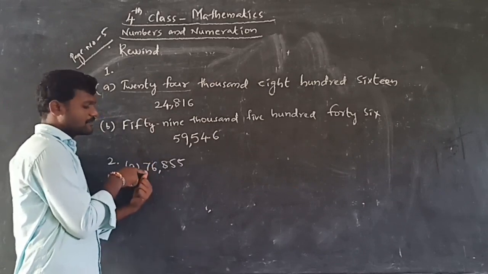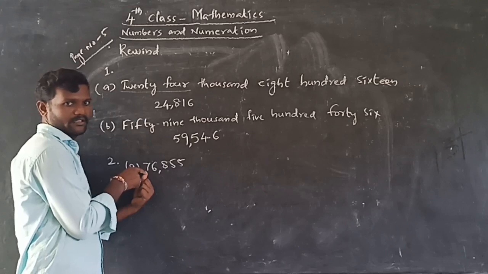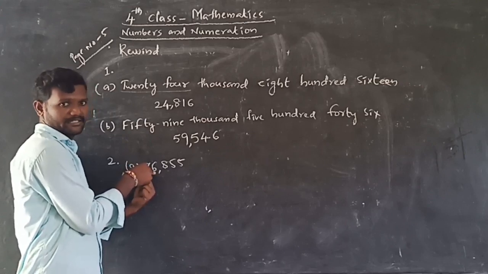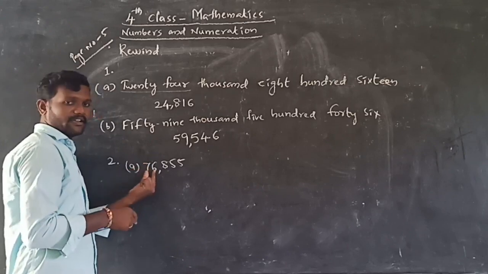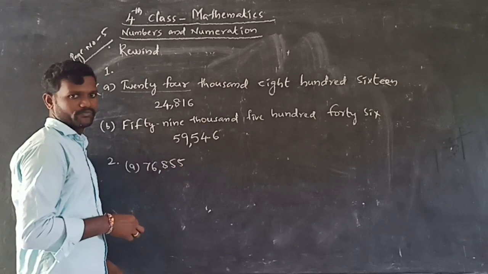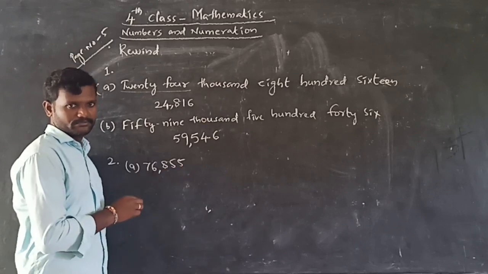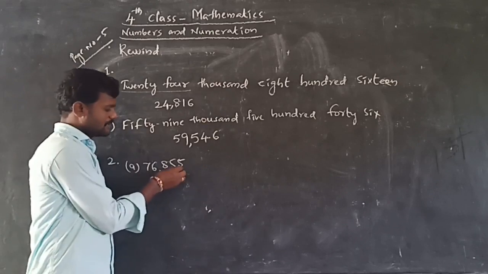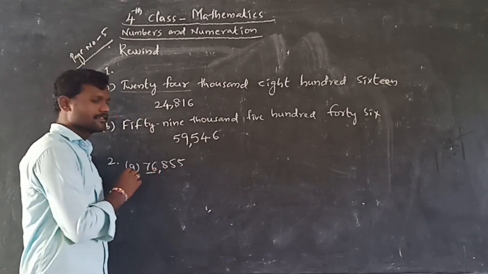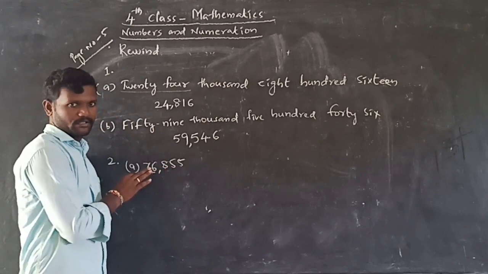So in the 10,000s place, what is there? 7. 7 tens, 70. 70 plus 6. How much? 76. So totally it is 76,855. First you have to know reading. Okay. Ones, tens, hundreds, thousands, 10,000s. So it is completely thousands place.